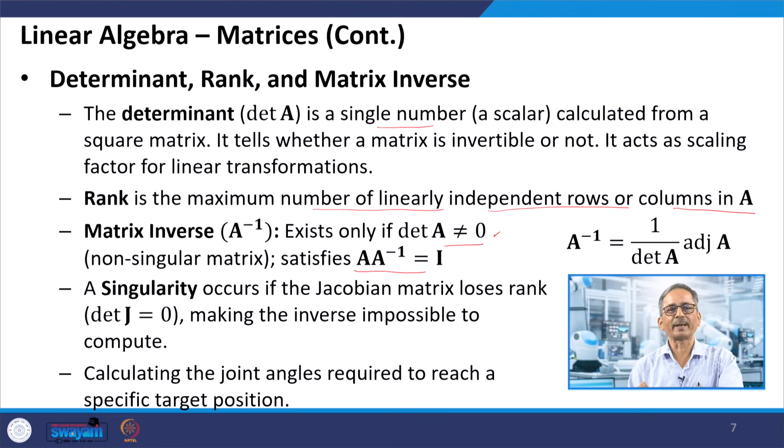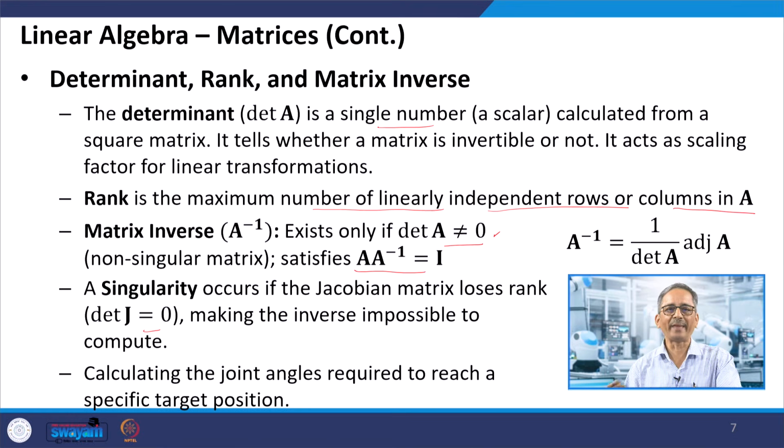There is a concept of singularity, and that concept says that a singularity occurs if the Jacobian matrix loses rank, that is, the determinant of the Jacobian becomes 0, making the inverse impossible to compute. And we use this concept when we are trying to find the joint rates, given the end effector velocities.